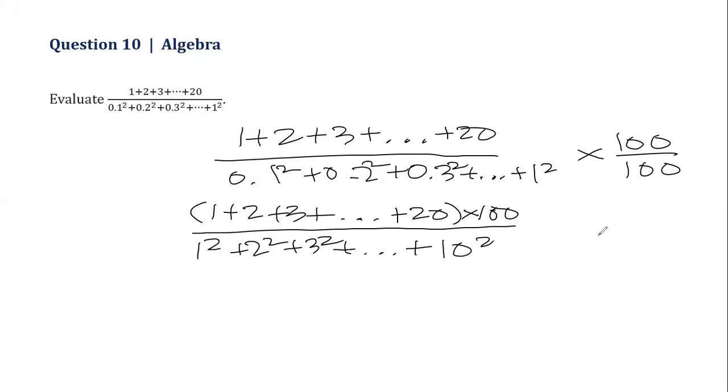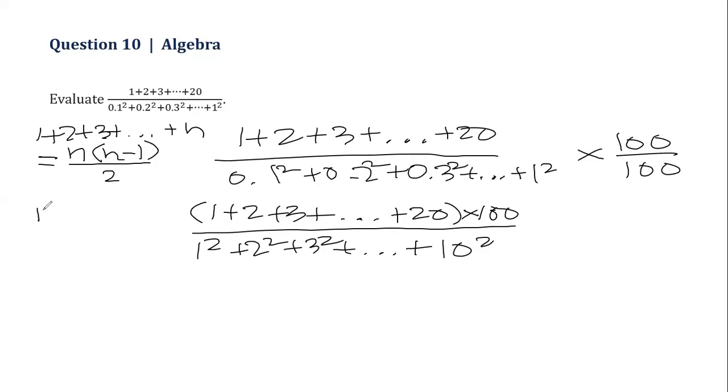So to solve this question, you would need some equations. The sum of the first n whole numbers is equal to n times n plus 1 divided by 2.